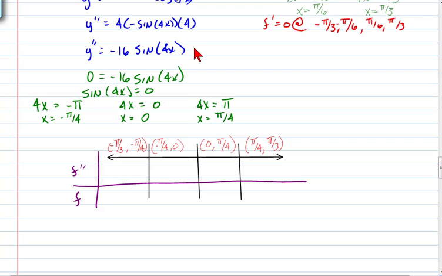What is it? 12 is a common denominator. 3, 4, 6. Negative 8 pi over 3, no, 24.